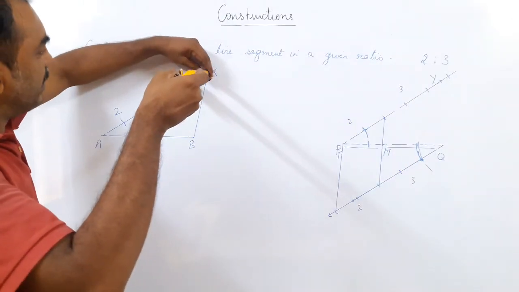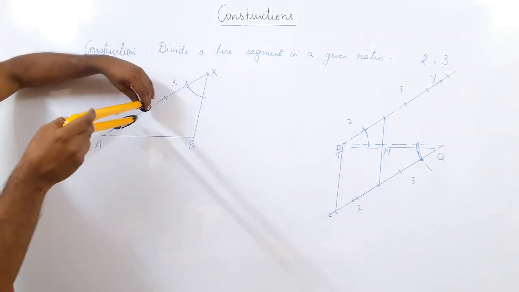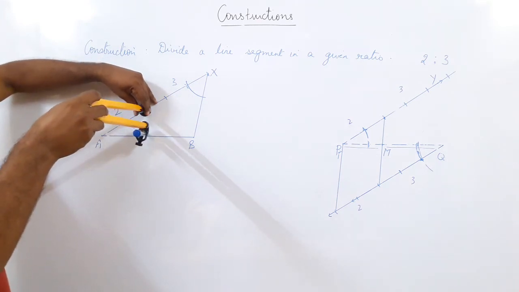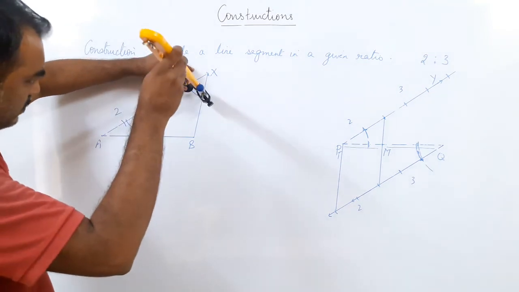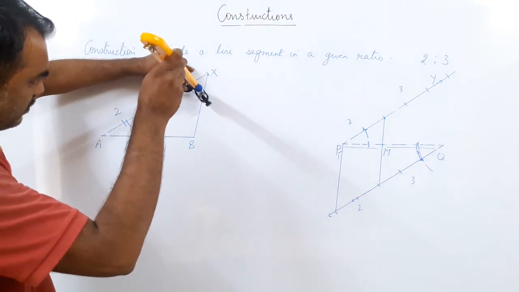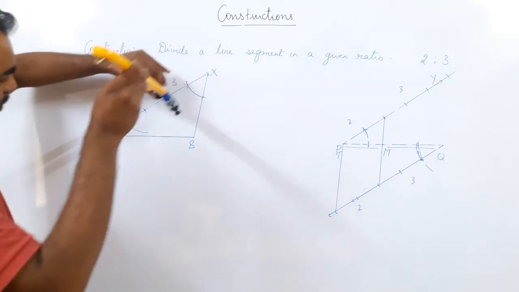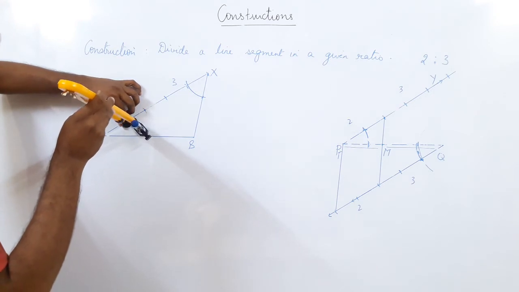So from the point X, I will draw an arc. In the same way, from this point, I will draw an arc. Now from this point, I have to measure where it meets. I'm measuring from this point, it meets here. So from this point, where will it meet? It will meet over here.